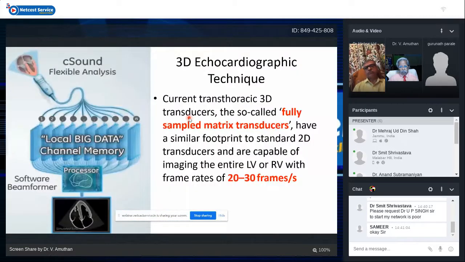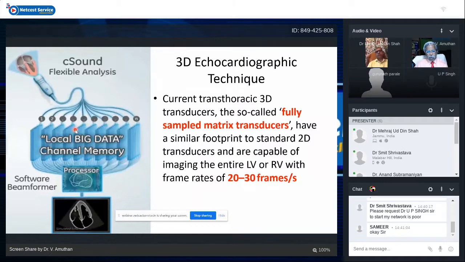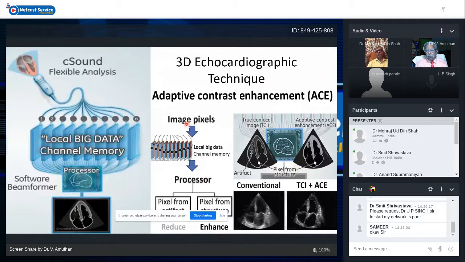The next big advance is the local big data or channel memory, which is available by the C-sound technology and advanced technologies incorporated into the transducer. This is called adaptive contrast enhancement. Thereby you are able to have all these views.